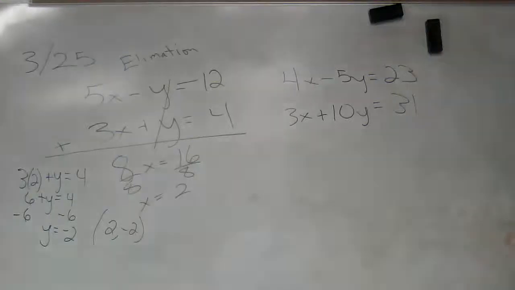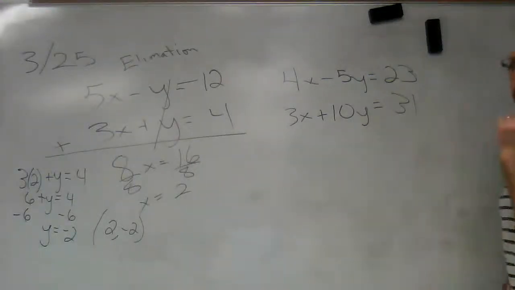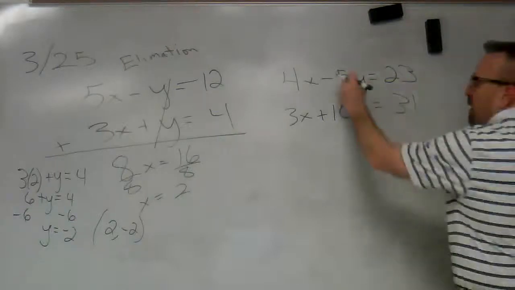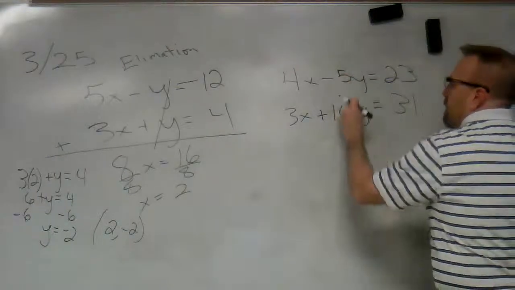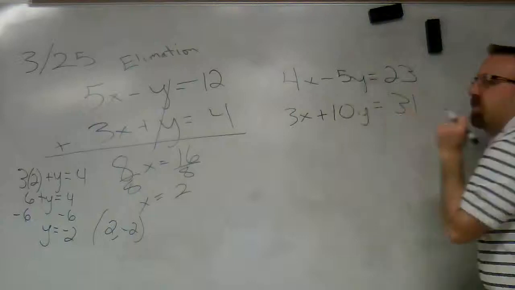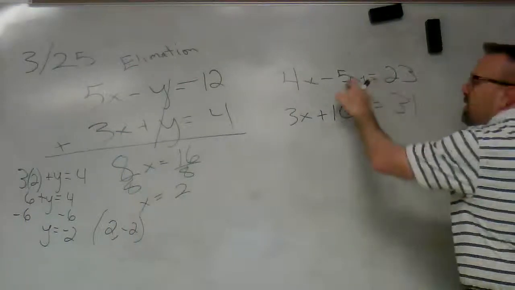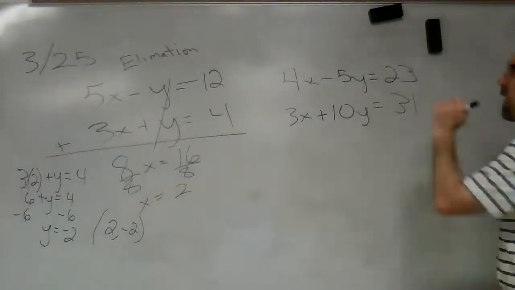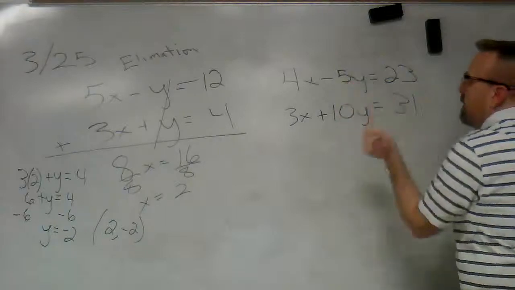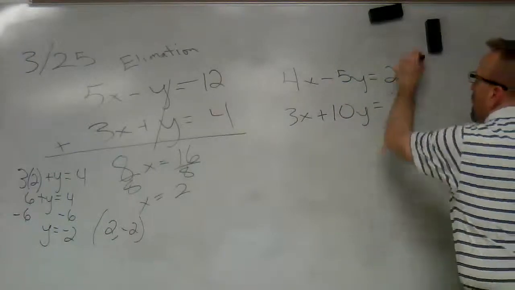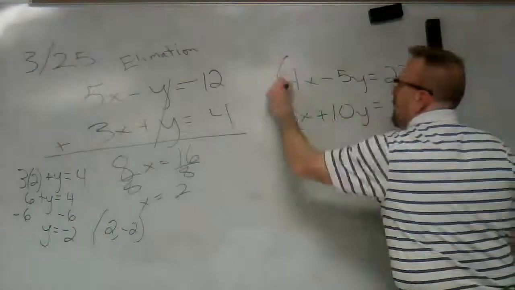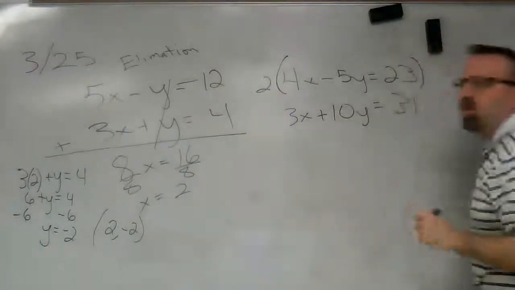So this one, we don't have any that are the same number but opposite signs, but we do have two that are opposite signs to start with. We have 10 and negative 5. Would it be possible to make this a negative 10? What could we multiply negative 5 by to get negative 10? 2. So if we multiply by 2, we have to multiply every single part by 2.